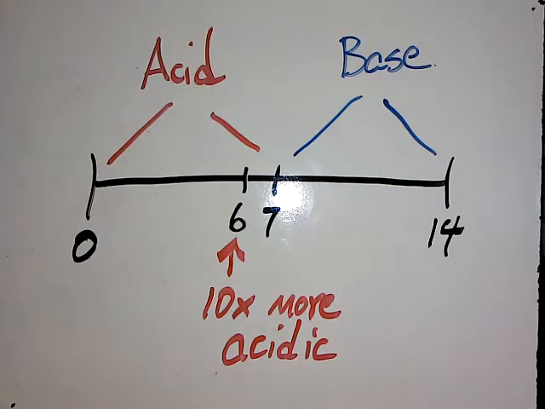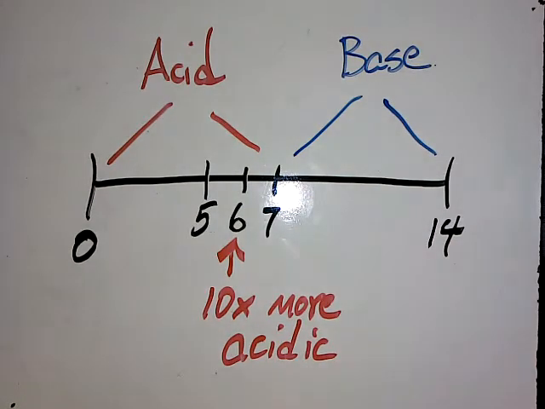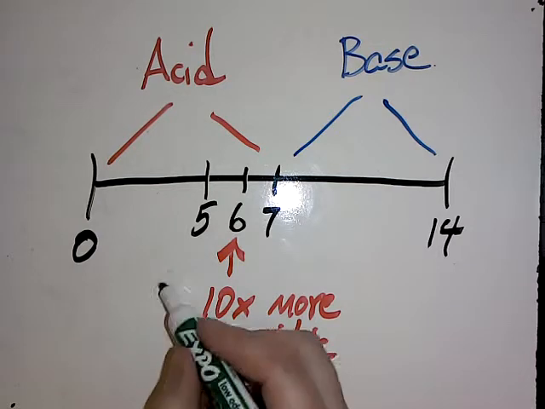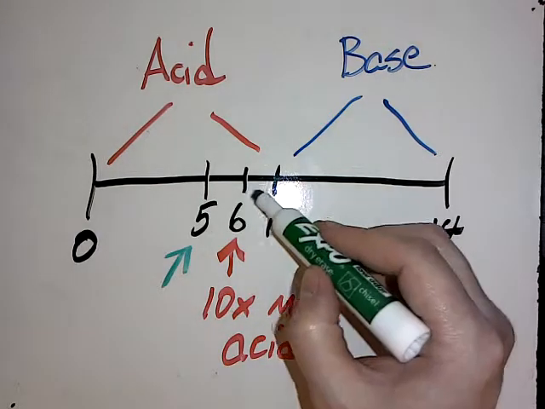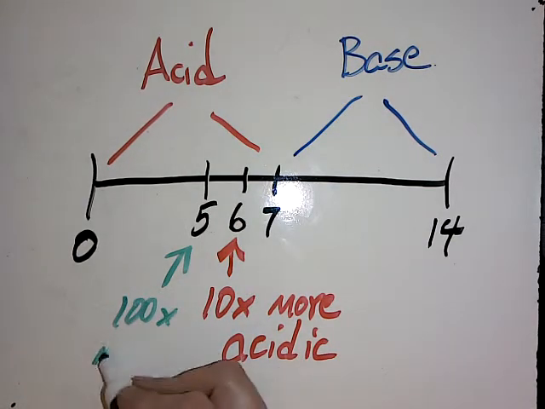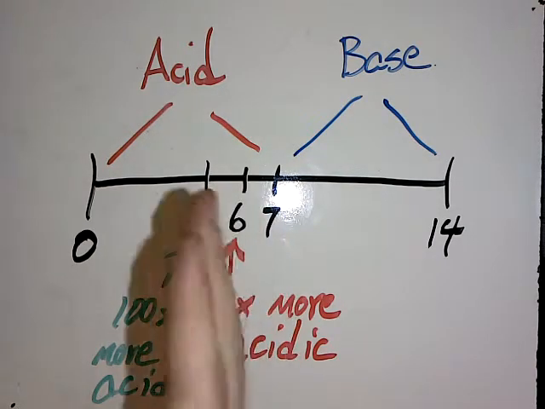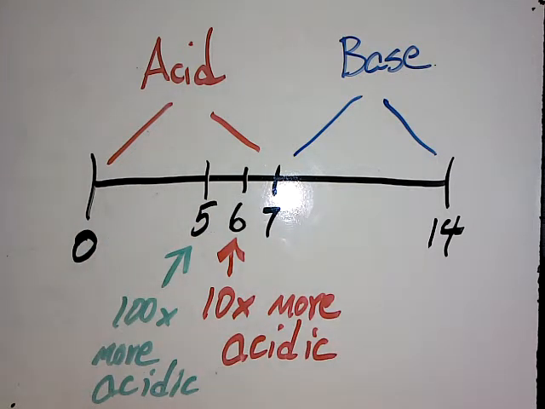If I have something that has a pH of 5, then this substance here is going to be 10 times 10, or 100 times more acidic. So keep in mind, we're not talking about a scale like you have for weight or for temperature. This is a scale where even one step is a huge difference in how acidic or how basic something is.